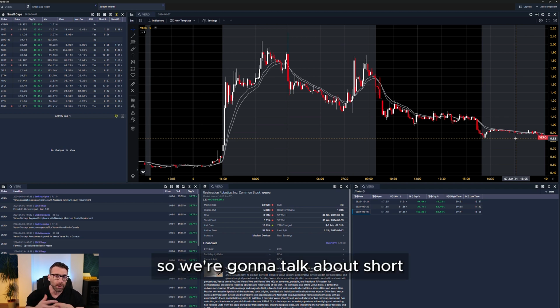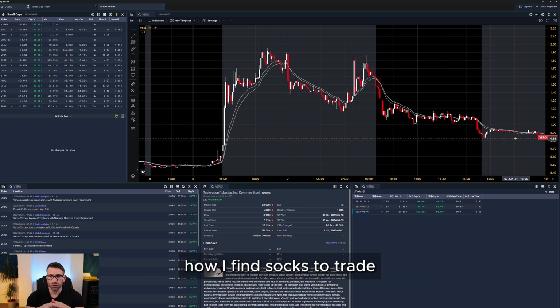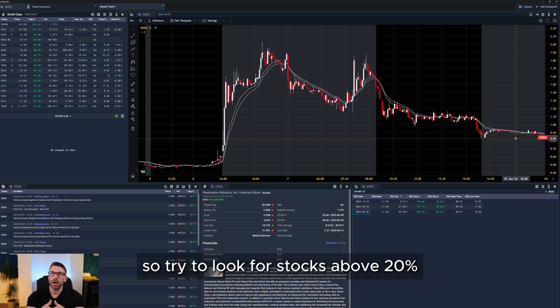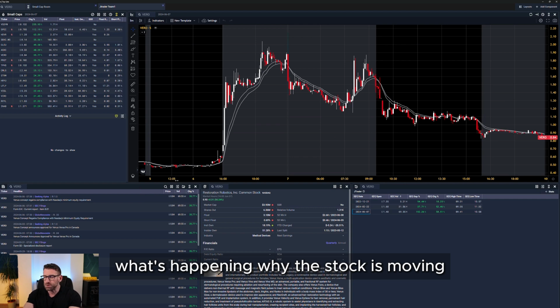We're going to talk about short when we're looking at strategies, but this is the first process for day trading, how I find stocks to trade. Scanner is the first thing, so try to look for stocks above 20%. Then we have our news, so we have to read the news, what's happening, why the stock is moving.